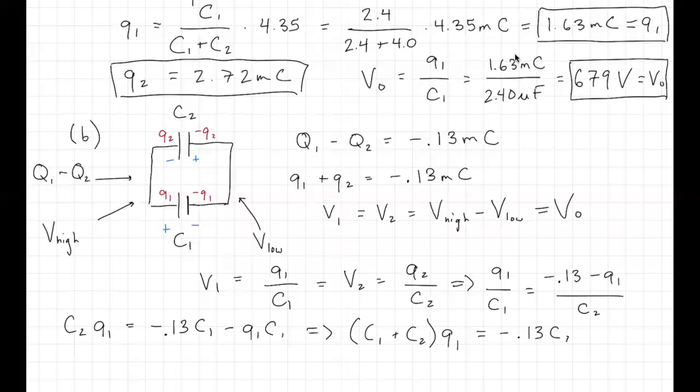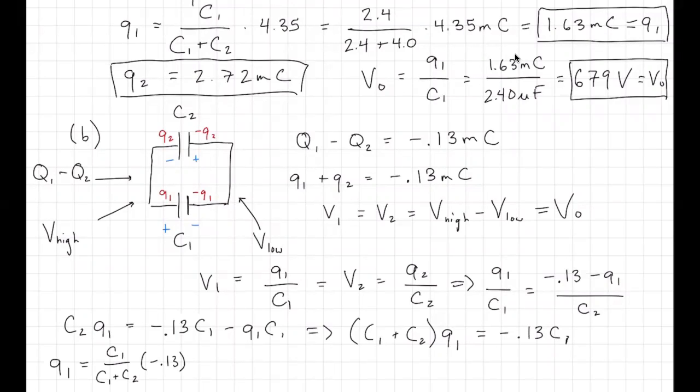Okay, so we can see here that we are going to get a negative value for Q1. So let's solve for that. Q1, I'm running out of space, but that's okay. Q1 is equal to C1 over C1 plus C2, the same ratio we had before, which makes sense, times negative 0.13. So it's really the same solution we had before.